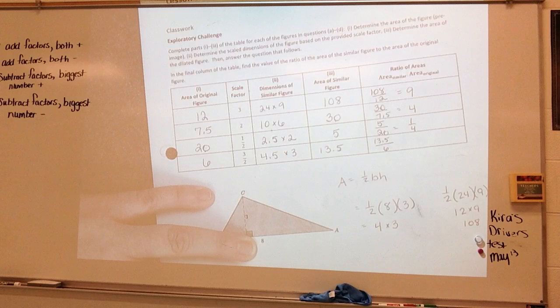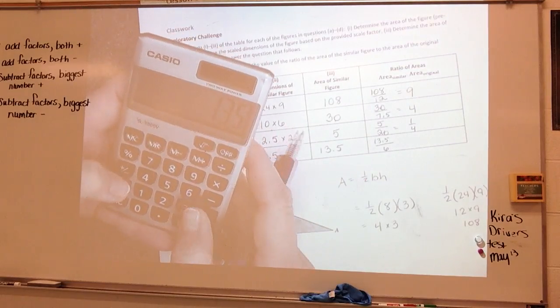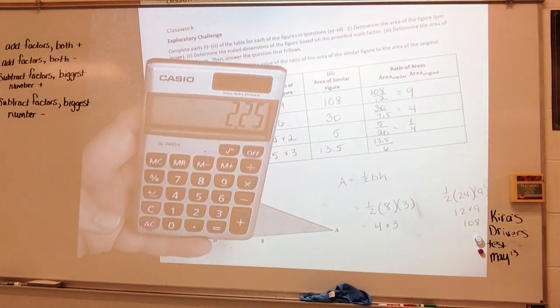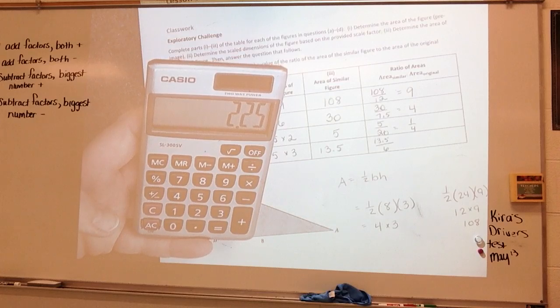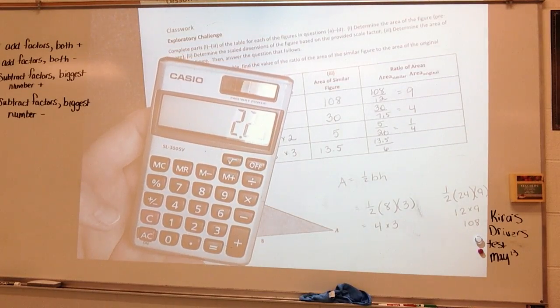I don't know how this is any easier. But what I can do is 13.5 divided by 6. I get 2.25, or 25/100, which is 2 1/4. Alright?